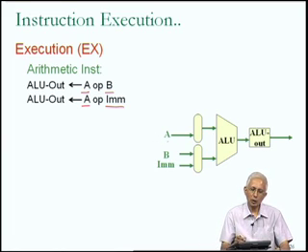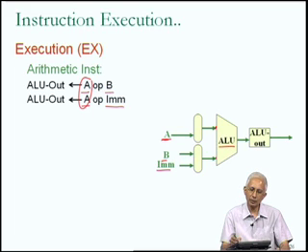Alright, so we talked about the A, B and the IM registers. We are now seeing that as far as the input to the ALU is concerned, the upper input is always coming out of register A, because that is the case for both the add instruction and for the add immediate instruction.